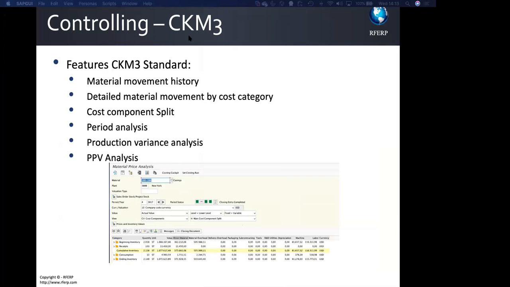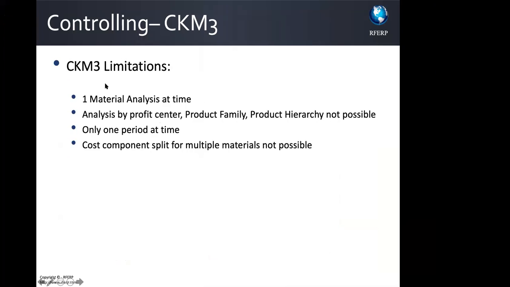So if we stay here in CKM3, like I said, you can check the cost component split, do one period and things like this. At the end, what are the limitations? I cannot do analysis by profit center to understand what my variance is by profit center, products, product family, or product hierarchy. It's only one product at a time.